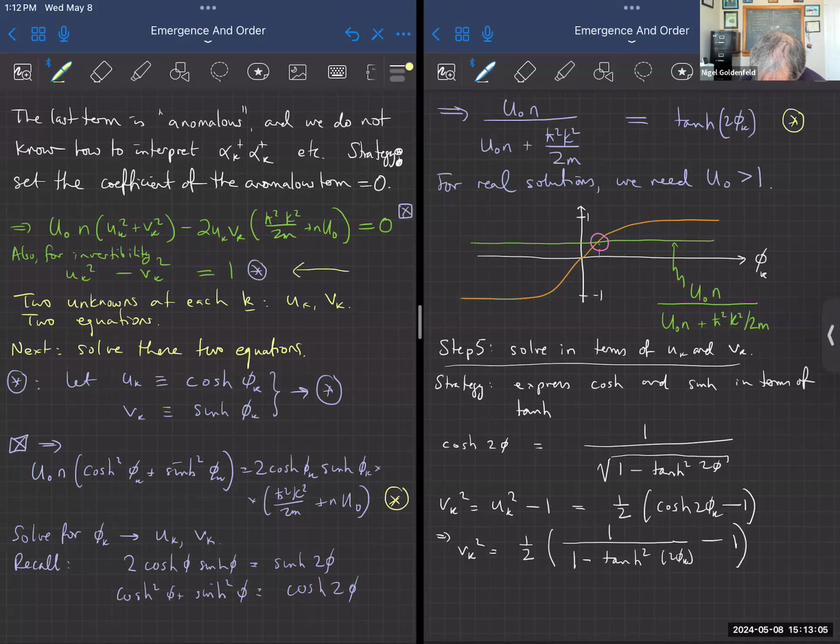And I know what tanh squared is because that's the equation star at the top of the page. So I can then just substitute in.